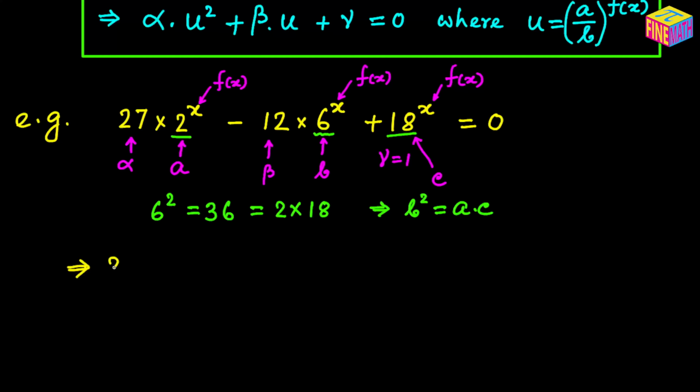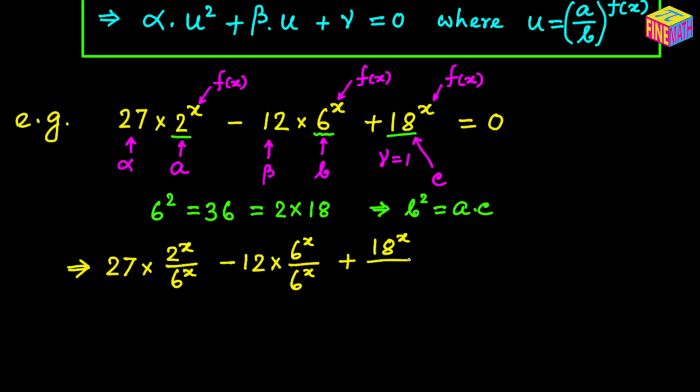So here we'll have 27 times 2 to the power x divided by 6 to the power x minus 12 times 6 to the power x divided by 6 to the power x plus 18 to the power x divided by 6 to the power x. All of that is equal to 0 divided by 6 to the power x. That will obviously be equal to 0. So I'm just simply writing 0 right here.